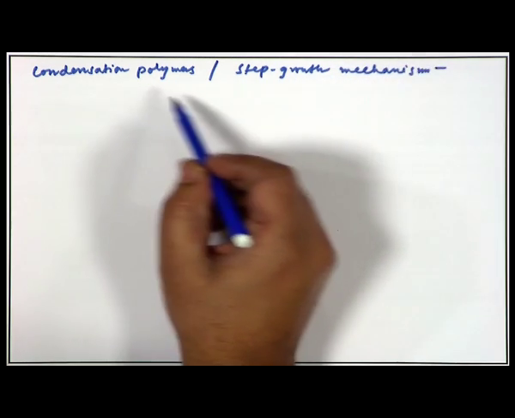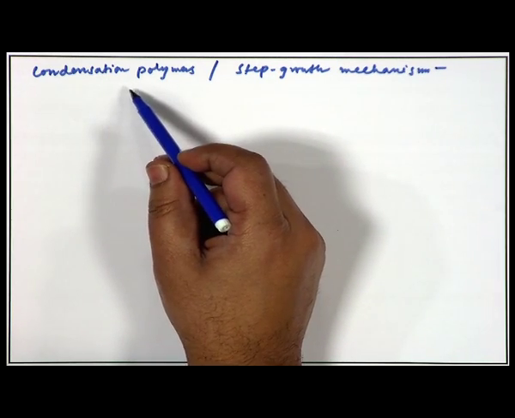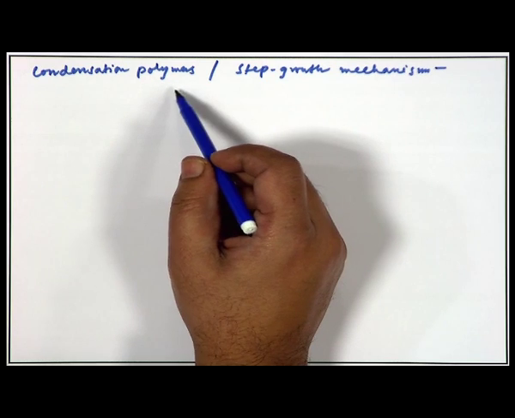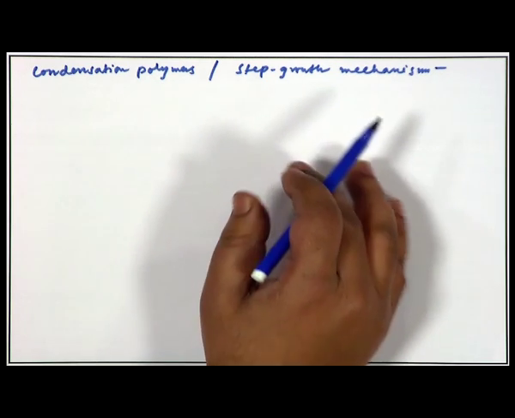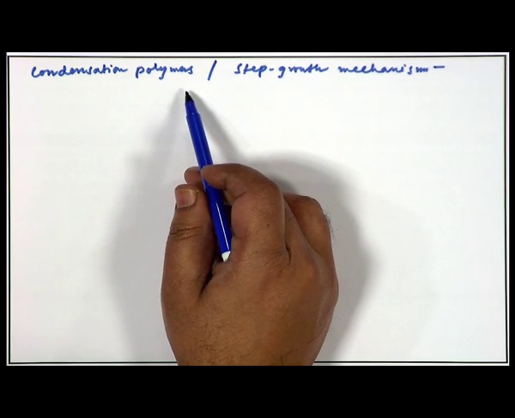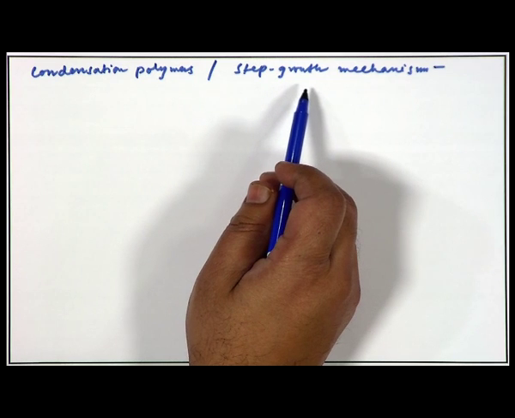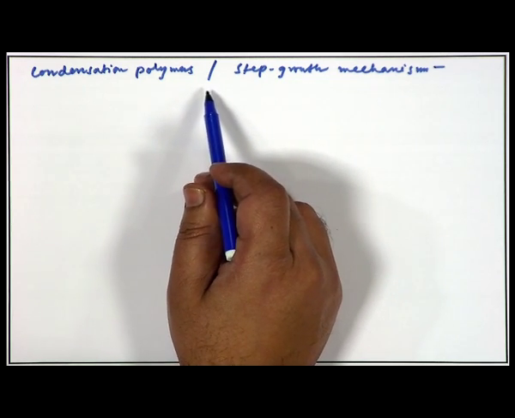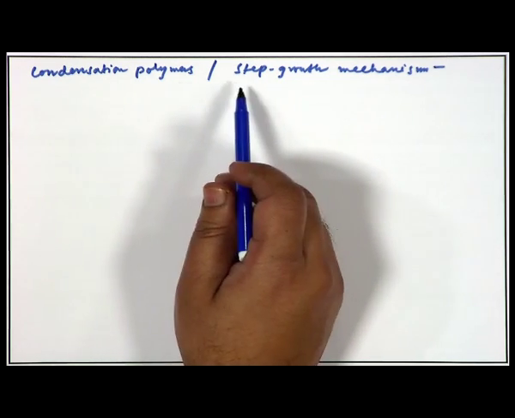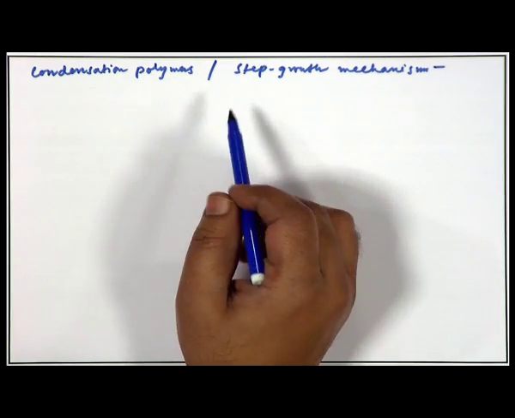As I said, do not use these two terms synonymously, just like addition and chain growth, because as I told in the last class, in most cases condensation polymers are synthesized by a step growth mechanism, but there are exceptions. So they cannot be used synonymously, but they can be used together in most cases.